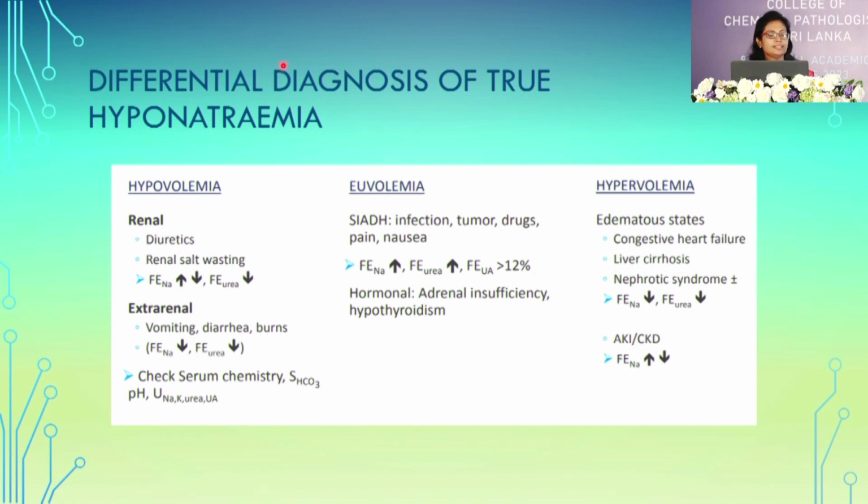So these are the differential diagnoses of true hyponatremia. Remember, in euvolemic patients, the syndrome of inappropriate ADH secretion is one of the main differential diagnoses. Even hypothyroidism and cortisol insufficiency can also lead to hyponatremia.